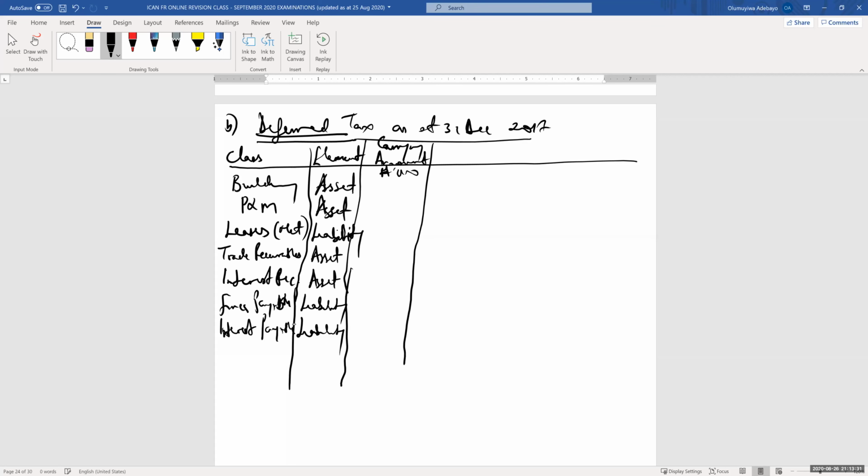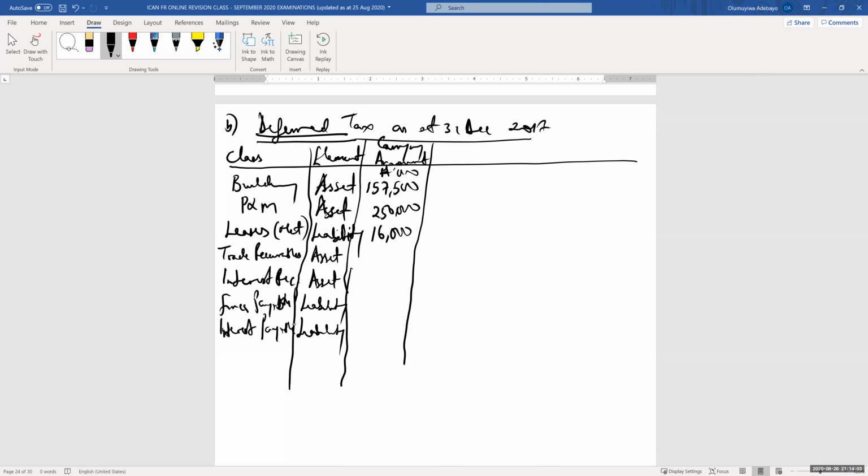It's already given to us as 157,500. How do you arrive at it? Remember, the cost is 175,000 minus 17,500. That gives you 157,500, which is also given to us, ready-made. Plant and machinery is 250, ready-made. Lease, when we net it, is 60.